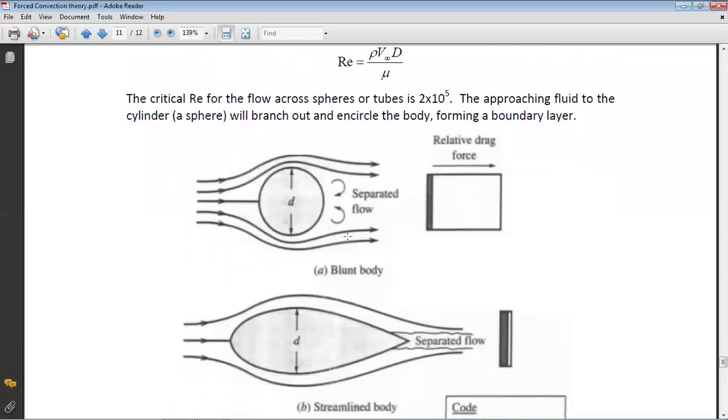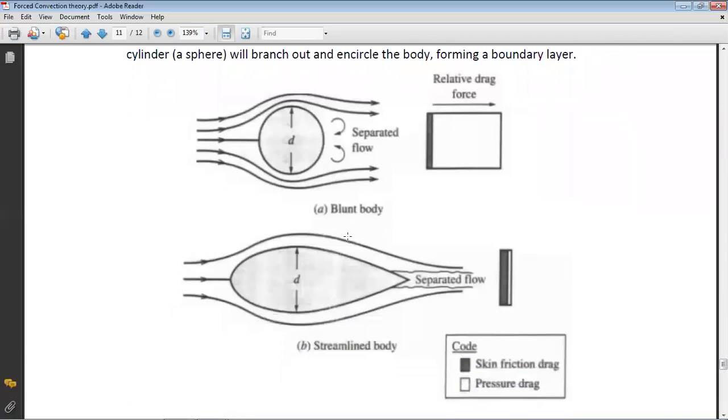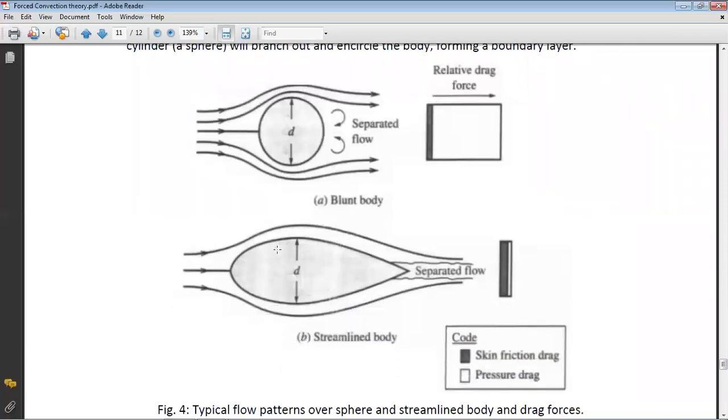In order to avoid this, we need to have streamlined bodies as shown in this figure. You can see all along the surface, the fluid is making an attached flow.